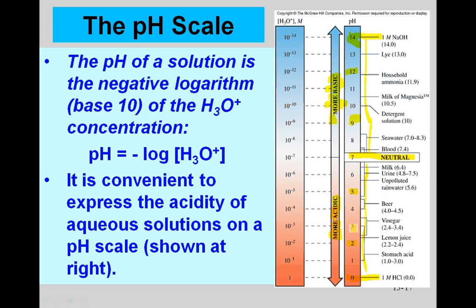Same here where we see 2 and 5, I'm sorry. 2 is more acidic, meaning it has more hydrogen ions, and 5 is less acidic, meaning it has more hydroxide ions.